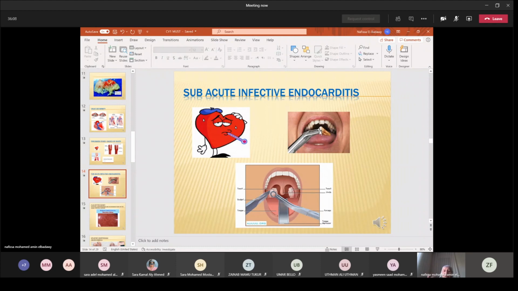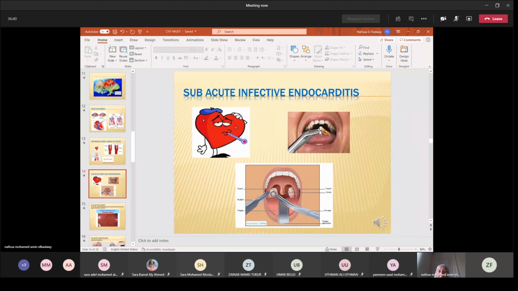So when chronic valvulitis is present, it is affected more by infective endocarditis, or in cases of congenital valvular disease or congenital heart disease. So it's already an affected valve, and it can cause infection and infective endocarditis by these low virulent bacteria.